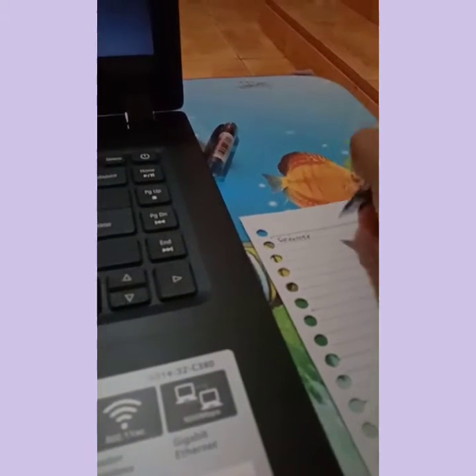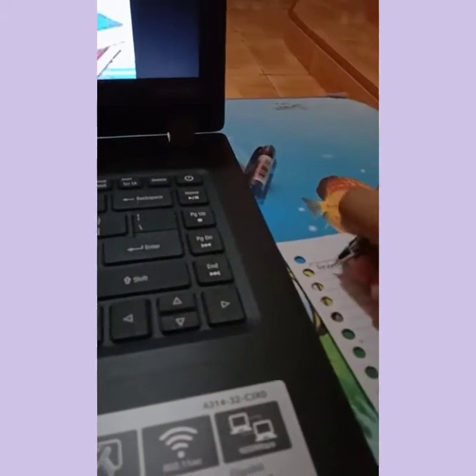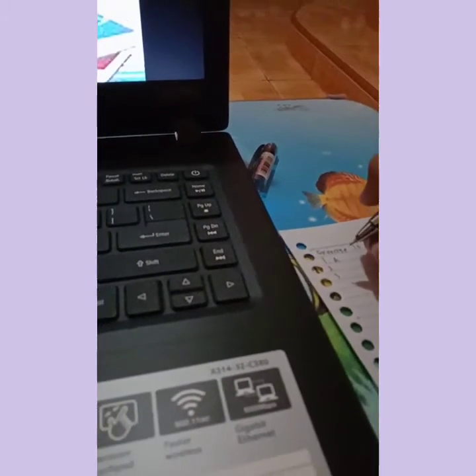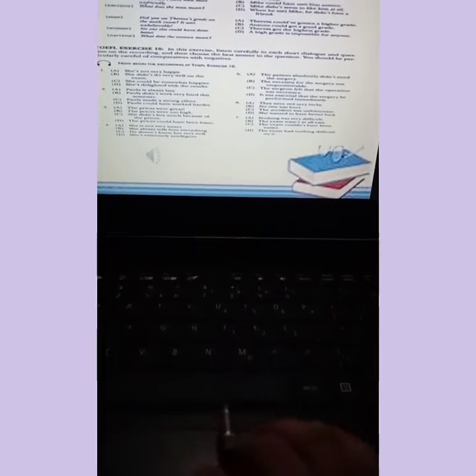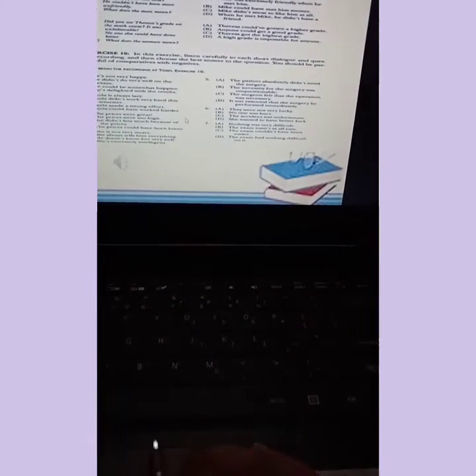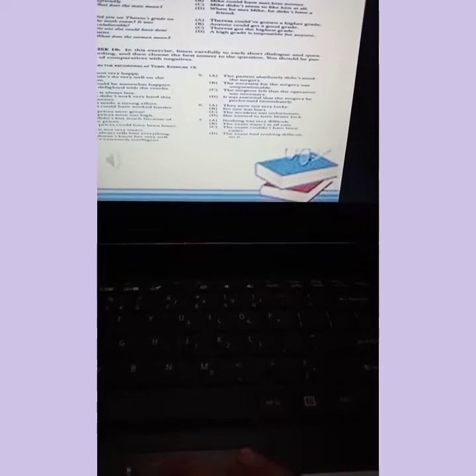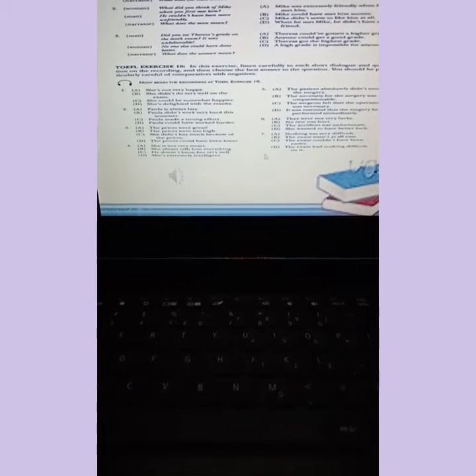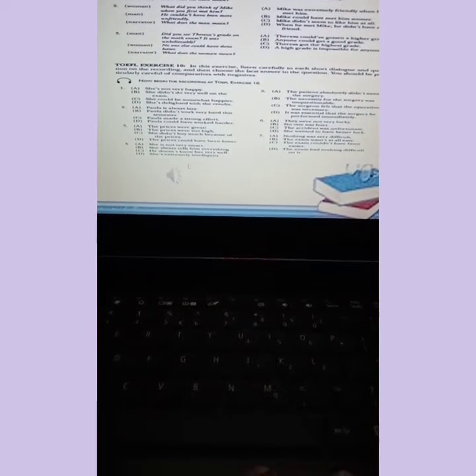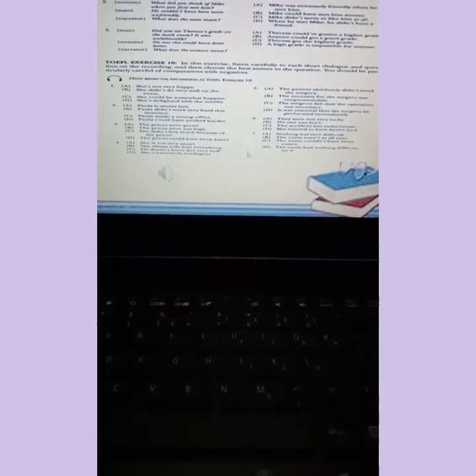Exercise 10. Number 1 is A. Because there is no space, I will write the answer on the next page.